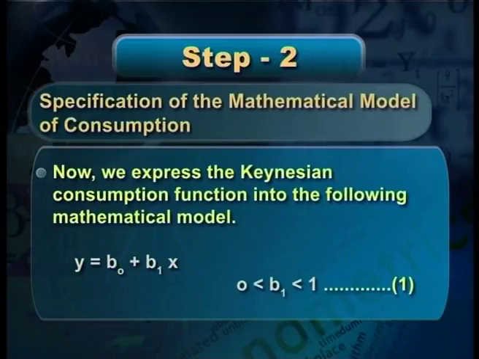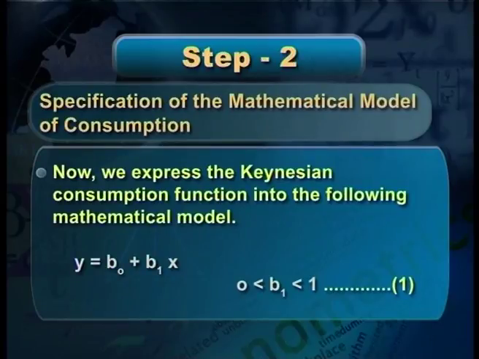Y is the dependent variable and X is the independent variable. b0 and b1 are parameters of the model. Why do we take this model, sir? Here we take a simple linear regression model. To test the economic theory, we prefer a simple regression model or multiple regression model.